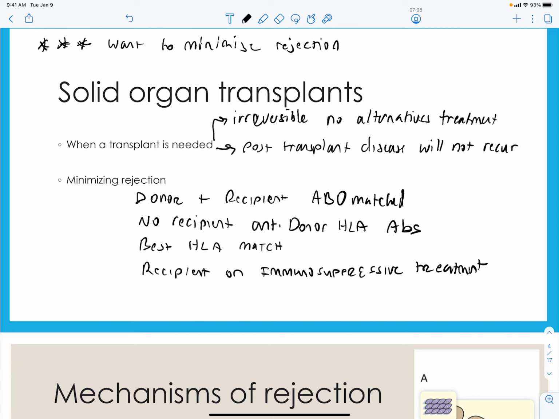The cornea is a unique tissue because, again, that's a privileged site, and so it's going to rarely be seen in the immune response. And so for corneal transplants, there's no need for immunosuppressive treatments.